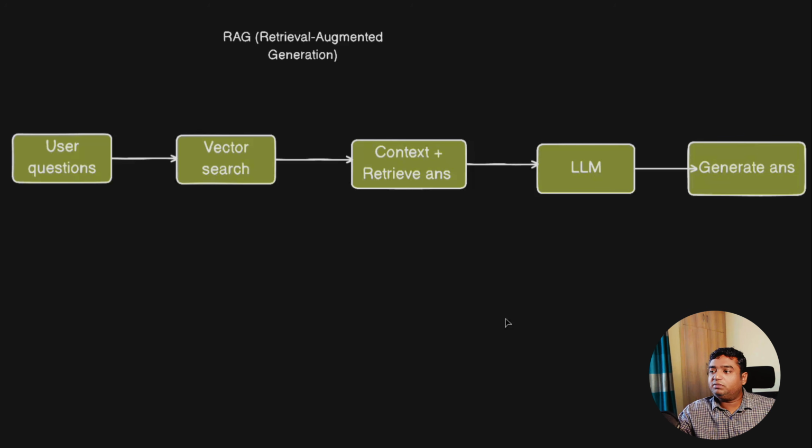So now we saw that there are multiple disadvantages in this architecture. The biggest thing is it cannot interact with other systems. For example, if I want to fetch data from the Snowflake system, your RAG application cannot search in Snowflake. So we need something which can interact with other tools and the external environment.